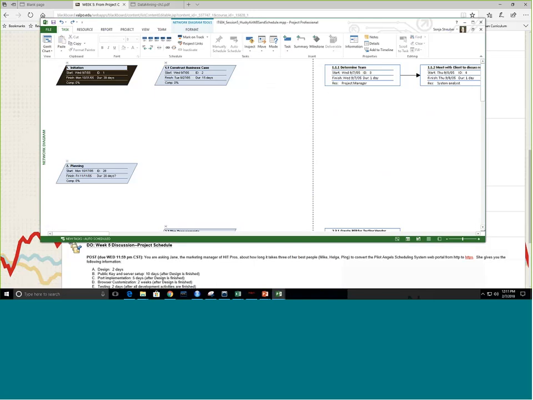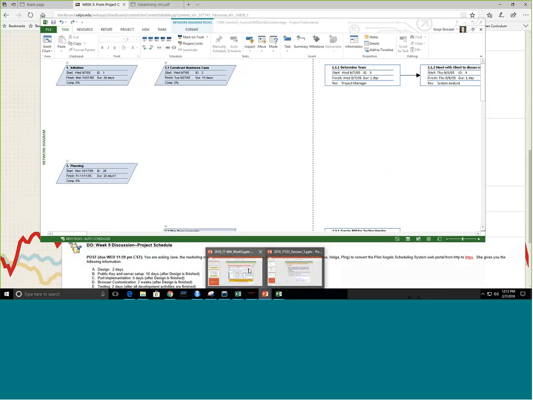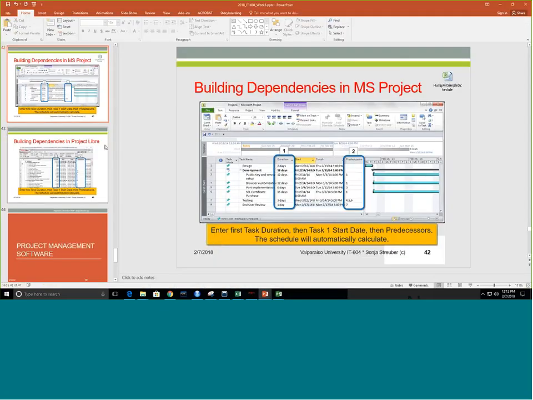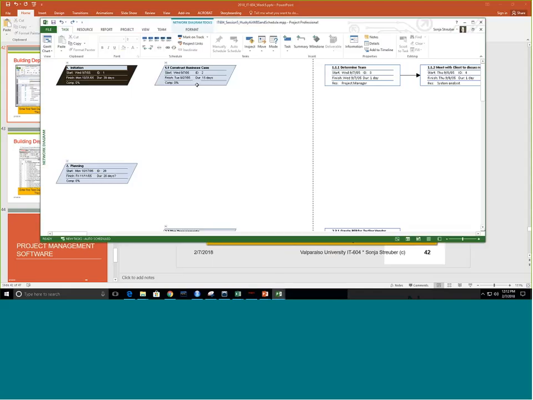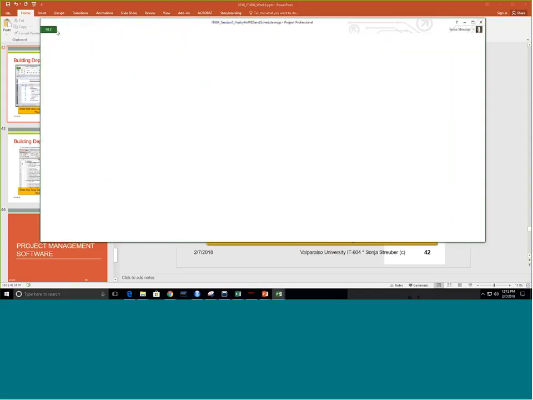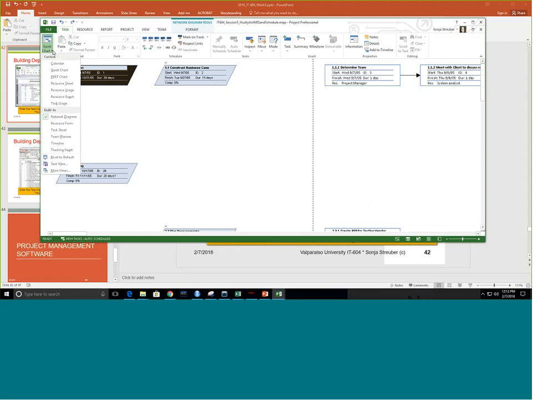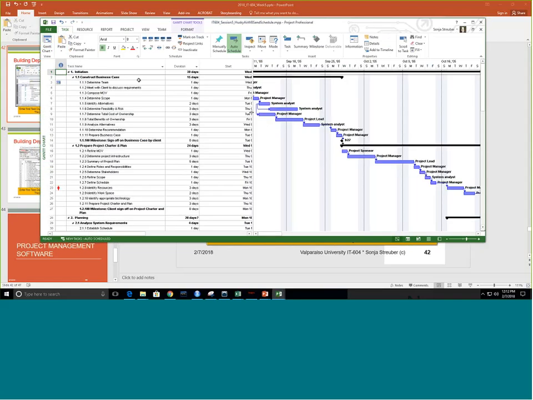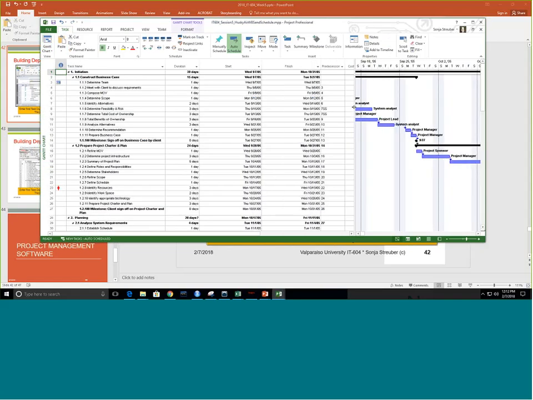All right, so having said that, as soon as you have built your dependencies, as I'm showing here in Microsoft Project, you can also just type the predecessors in. That works as well. Hang on, let me show you that. There you go. So if you expand this here, you have a predecessors column. You see this here.